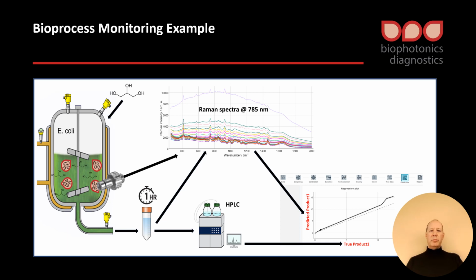The products and byproducts that were produced during this process were analyzed by a laboratory analysis with HPLC, for example, to get the real concentration of the components. As well, each sample that was taken every hour was also analyzed with Raman spectroscopy.